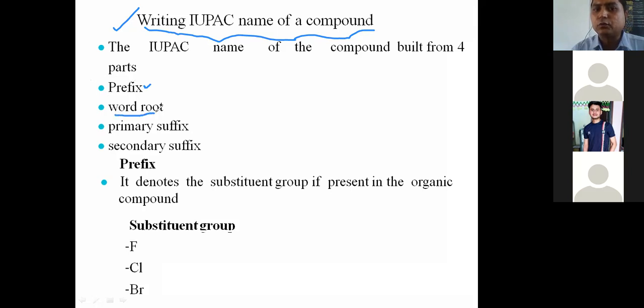Then the root word, word root, you can say. Like methane. For example, I am taking methane.